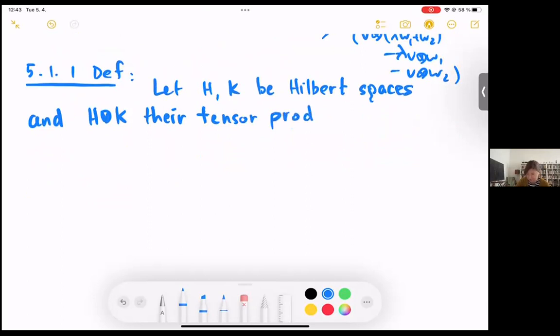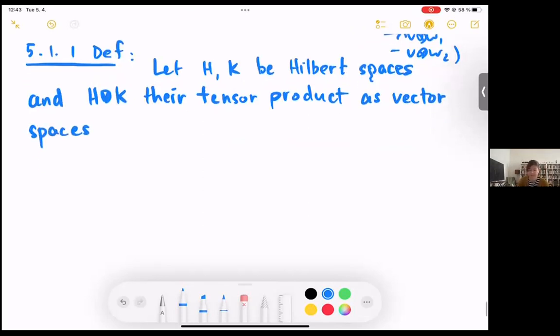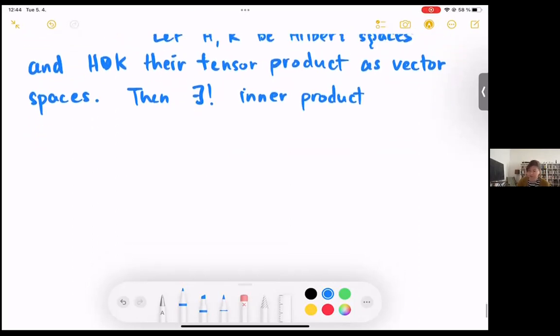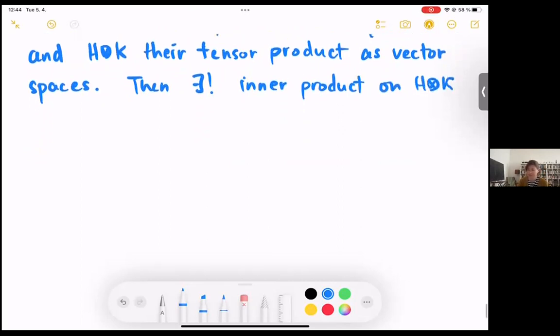We want to know how to put a norm on this to make it into a Hilbert space. So we can define an inner product on H tensor K, and it should satisfy the following.